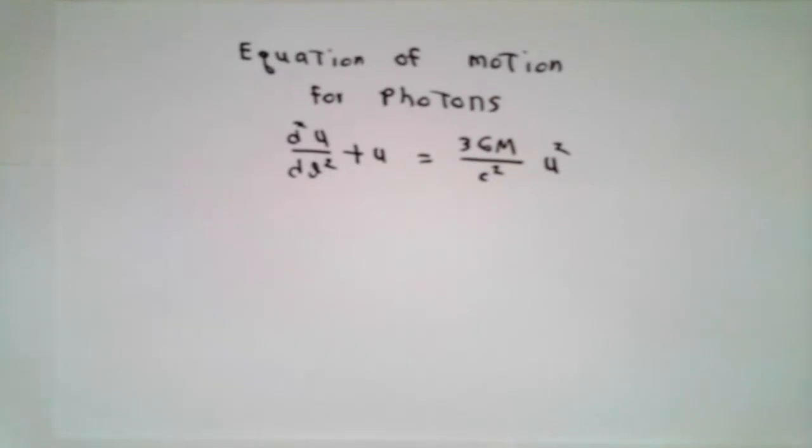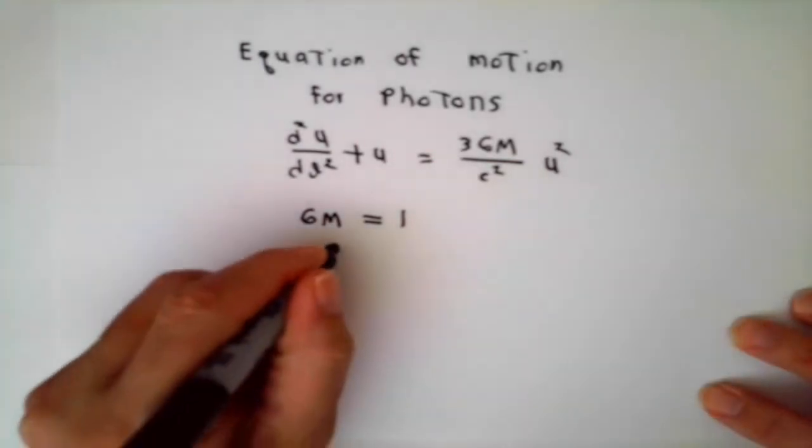units up. For a given problem, I'm going to change my unit of mass so that G times M is equal to 1. Also, I'm going to continue using units for time so that the speed of light is still 1 as well.